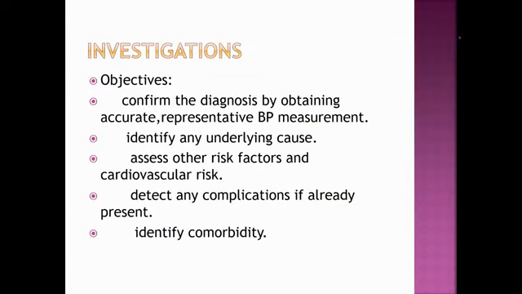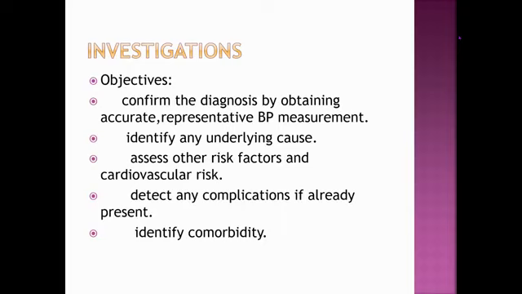Investigations. If you diagnose a patient as hypertensive, then some baseline investigation is required to see any complications or any other comorbidity. This has been described in textbooks as objectives of investigation. Number one objective: confirm the diagnosis by obtaining accurate, representative BP measurement.